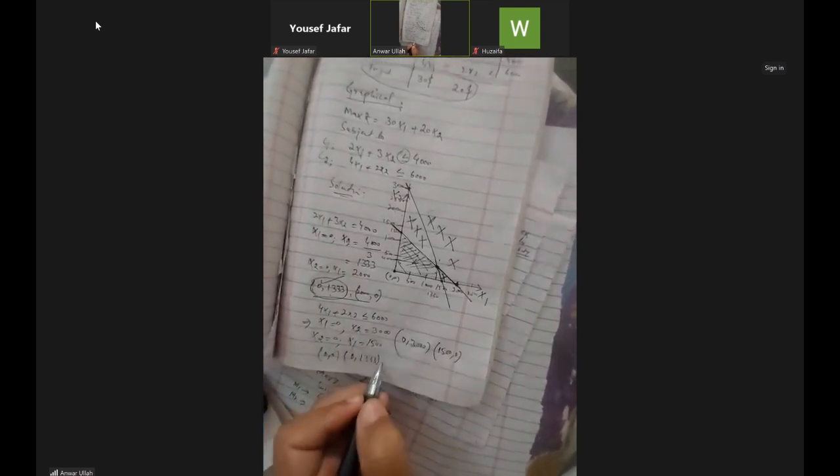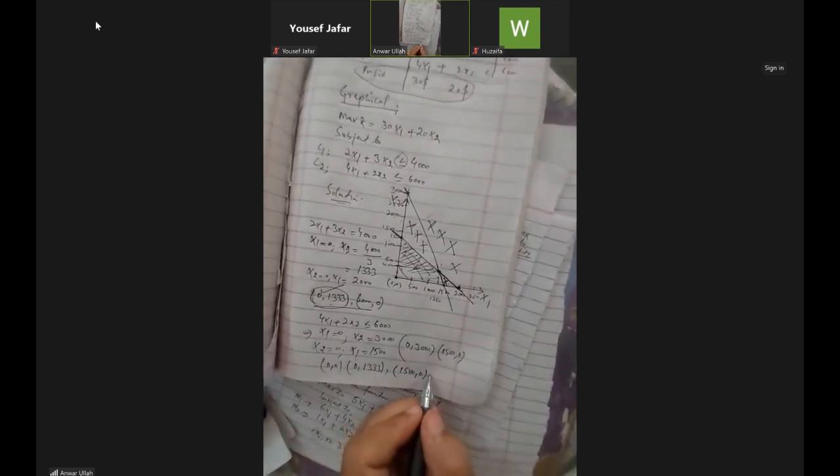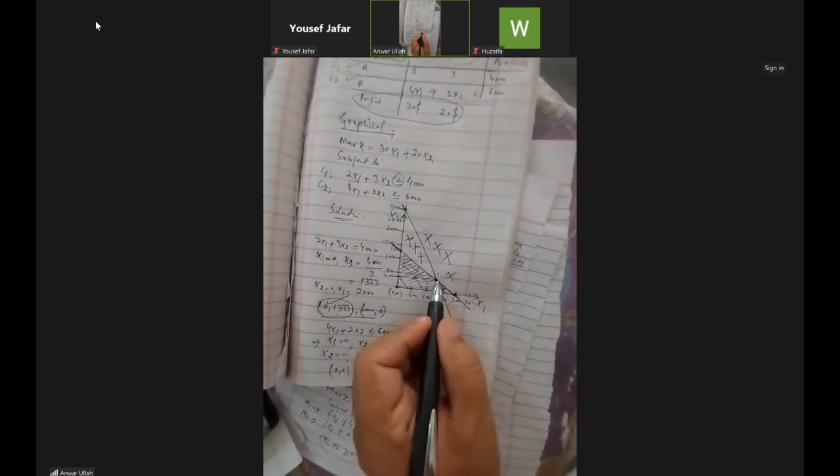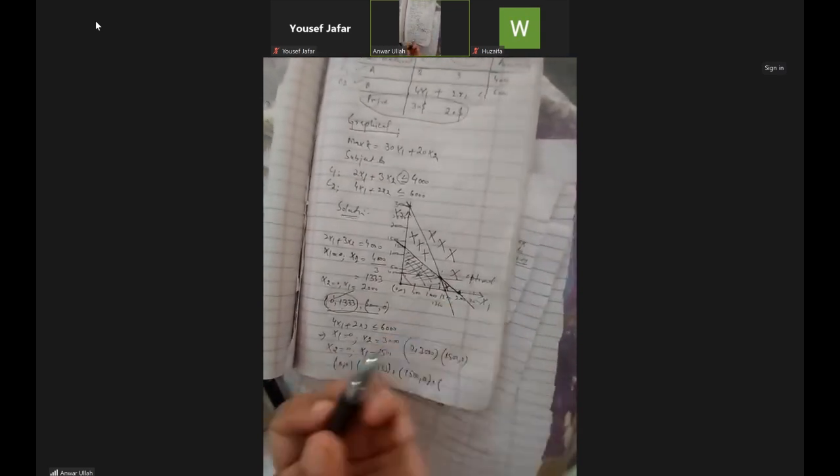So we have 4 actually, 0, 0, 0 and 1333, 1500 and 0. Other, it will be the most optimal. This is the optimal one where the 2 lines cross each other.